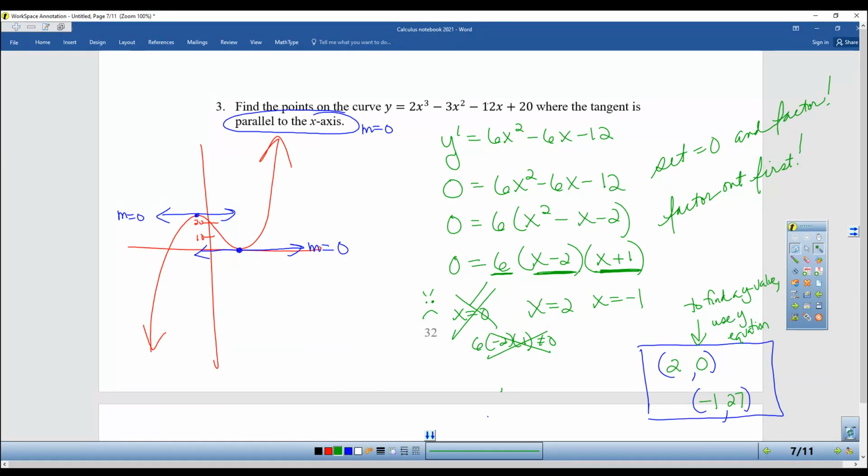Why is this so valuable? Because now I can actually draw the real graph. Now I can say, at 2, 0, and at, oh, I'm not going to draw that. That's not 2, 0. That's -2, 0. At -2, 0, and at -1, 27.